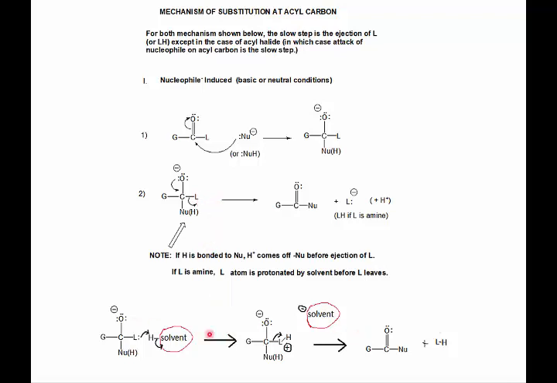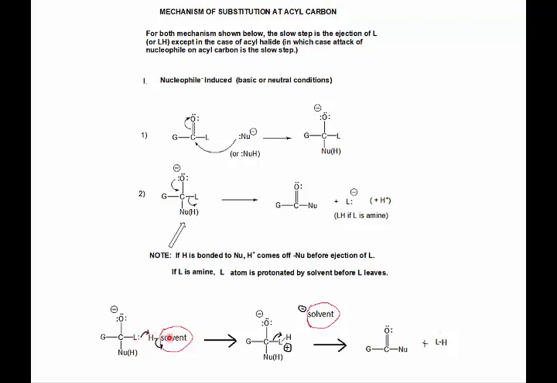We show that at the very bottom here. So if L is an amine, that L atom is protonated by solvent before the L leaves, and here we show it. The solvent will be a weak acid and will donate a proton to the L group. That would be actually a nitrogen.